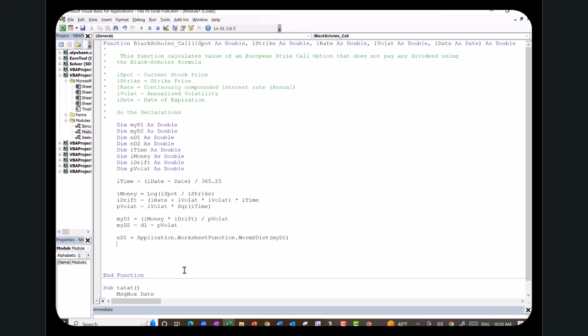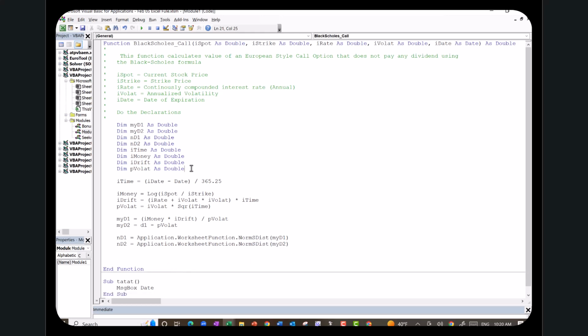We could have written a simple VBA function that did just that, but hey, time is of the essence. I'm going to do the same thing for ND2. We have almost everything we need.